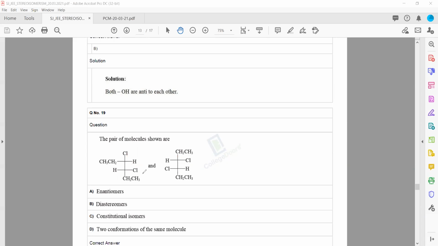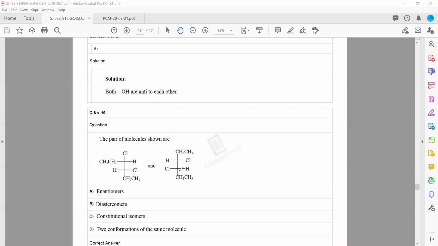No, sir. Acha, had the configuration been RS and RS, then what would be the relation? Here if I got RS and here also RS, obviously they would be the same, identical molecules. And if I had got RS with SR, then will they be identical or enantiomers?